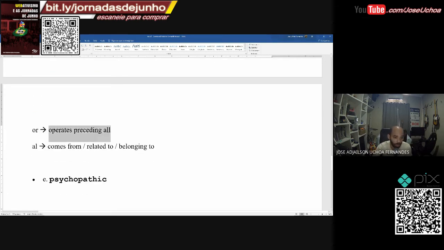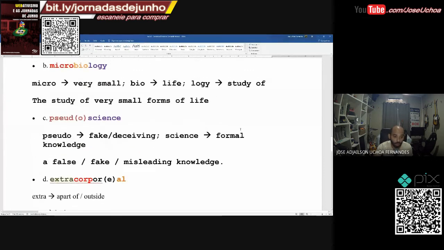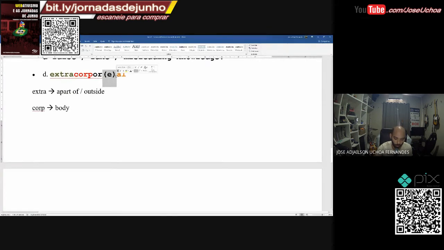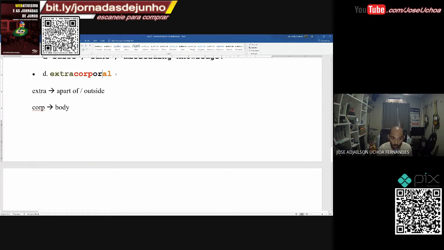Some morphemes, I cannot say, for example, corporal, not in English, but can I do that in Portuguese? Corporal. Does it exist in Portuguese? Yes.